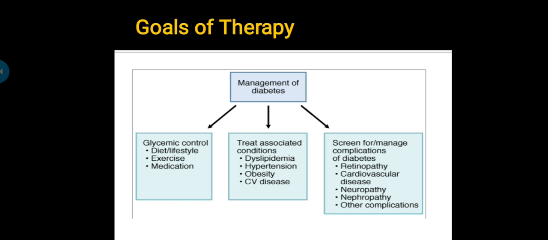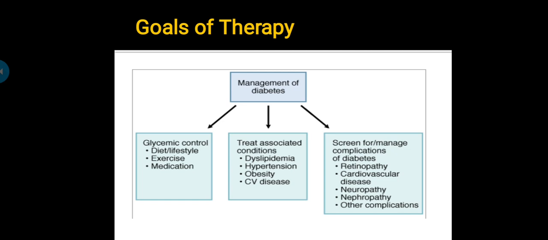Actually, suppose a non-diabetic patient has an event of myocardial infarction, their risk of developing future cardiovascular problems, and a diabetic patient without myocardial infarction, their risk of future cardiovascular problems, they are almost similar.